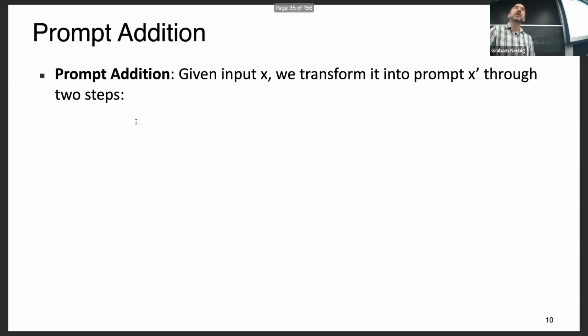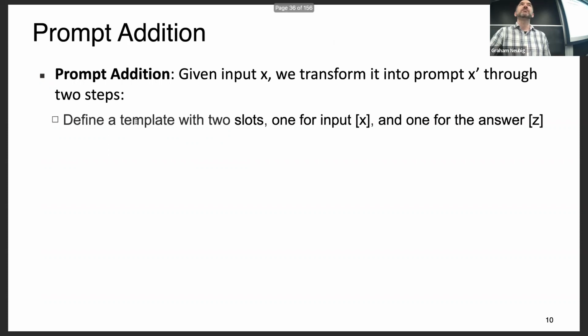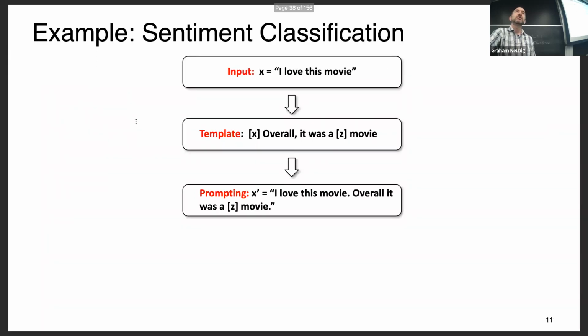Okay, so let's look at prompt addition. Basically, given an input X, we transform it into a prompt X prime through two steps. The first thing we do is we define a template with two slots, one for the input and one for the answer, where we're calling the input X and the answer Z. And then we fill in the input slot with our actual input. And so here's an example.